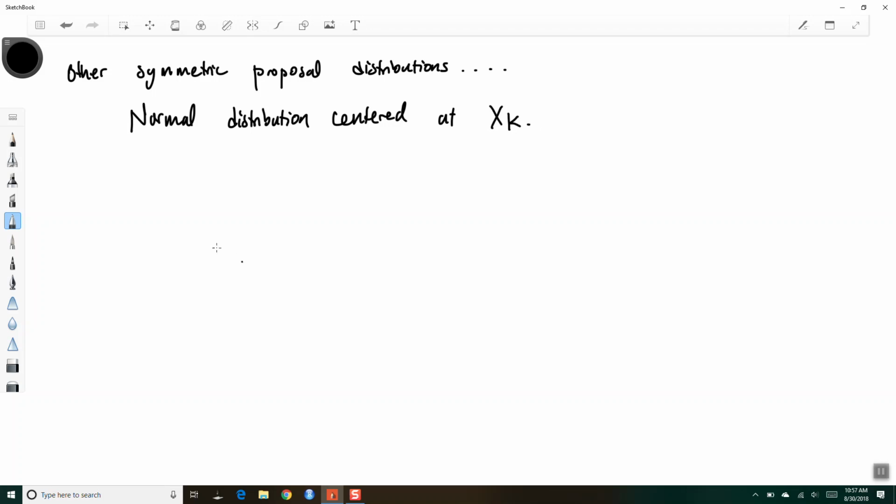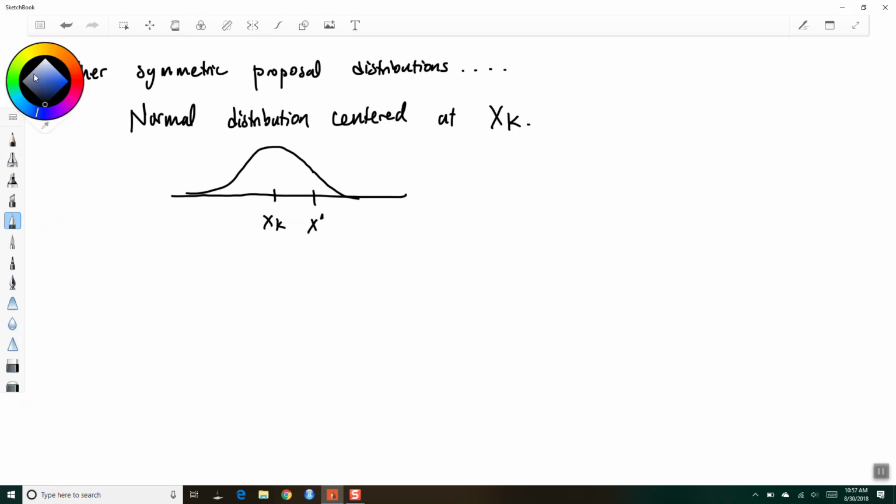So if you're centered at xk, what's the probability of proposing x prime? That's right here, okay? Likewise, if you're centered at x prime, what's the probability of proposing xk? It will be equal, right?